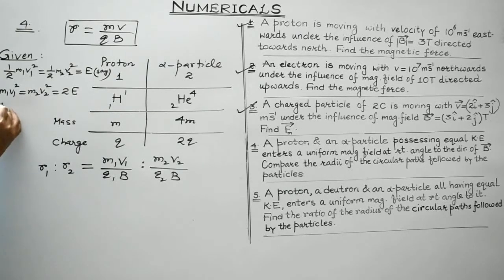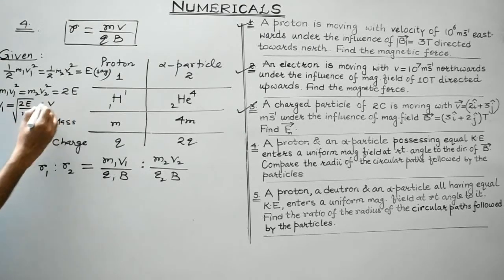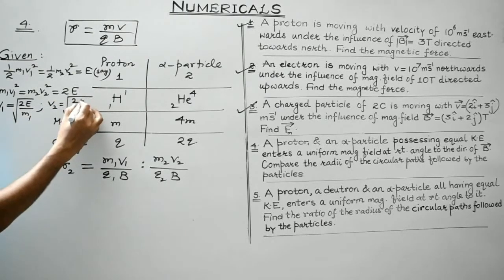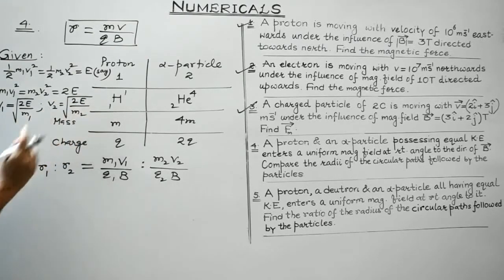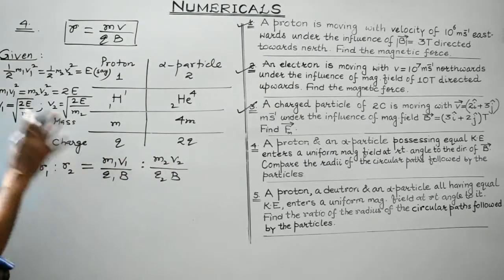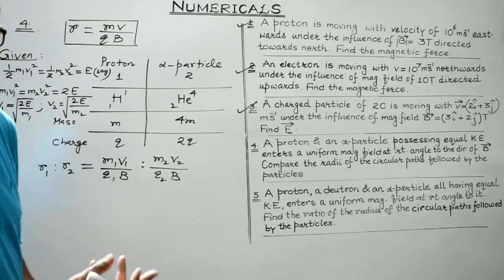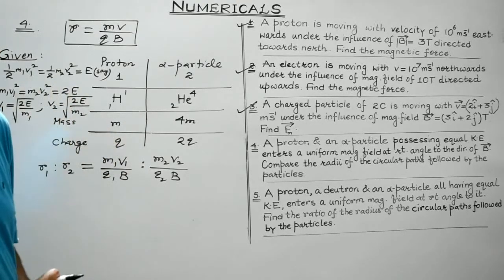Velocity v1 can be written as the square root of twice E by m1. Similarly, v2 can be written as the square root of twice E divided by m2. Simply substitute the values of v1 and v2 and it should give us the ratio of the radius of the circular paths followed by the proton and the alpha particle.